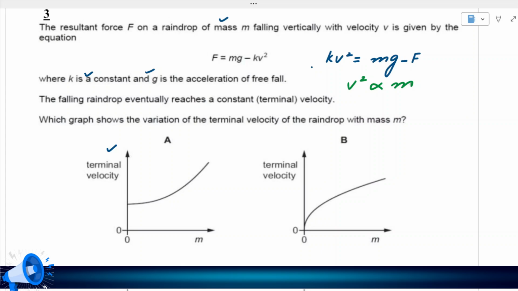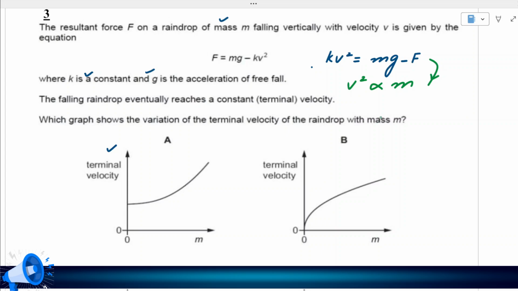You know what I'm saying? Everything else is constant. Hence, you have the liberty to write this equation like this. Only because everything else is constant.